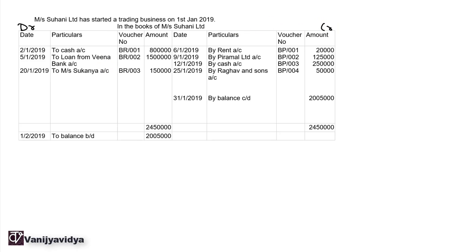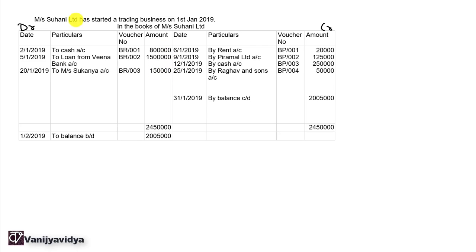Since the bank is an asset, any addition to the bank account is debited and any reduction in the bank account is credited. If you notice the left hand side, that is all the debit entries, say to cash account 8 lakhs, to loan from Veena bank account 15 lakhs, to Messrs Sukanya account 1,50,000.